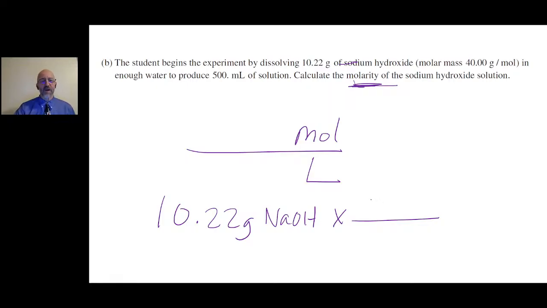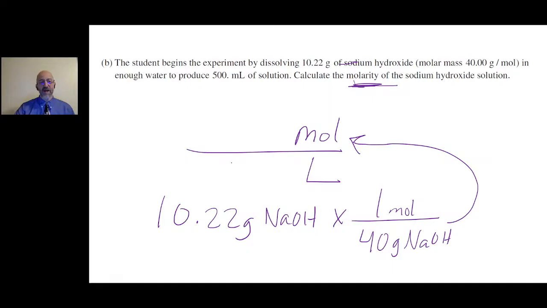It's like 22.99 for sodium, plus 16 for oxygen, plus 1.08 for hydrogen. That would get you that calculation right there. Then we're dividing by 500 milliliters, but no, we're not dividing by milliliters, we're dividing by liters. So that would be that calculation.